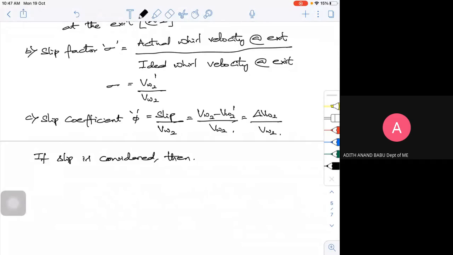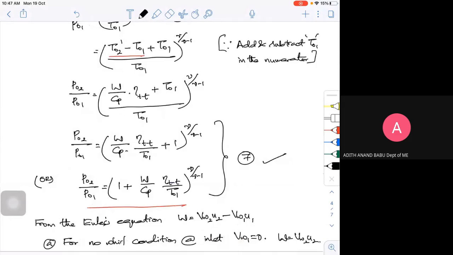If you come back to equation 7, what do I substitute for W? W is nothing but VW2 into U2. So instead of VW2, I will put VW2 dash into U2.